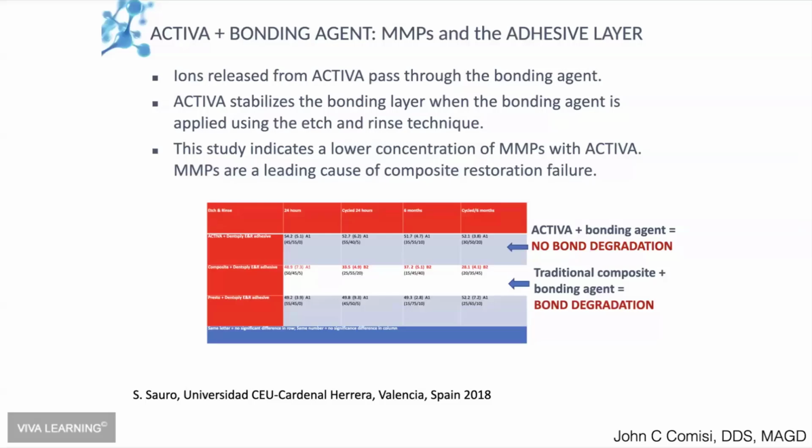And my good friend Salvatore Scolavino also showed that the material had no bond degradation when it was used with a bonding agent as compared to a traditional composite and bonding agent. So there's something about the utilization of materials that have an ion releasing capability that seems to be very, very positive when we're doing our restorative processes.